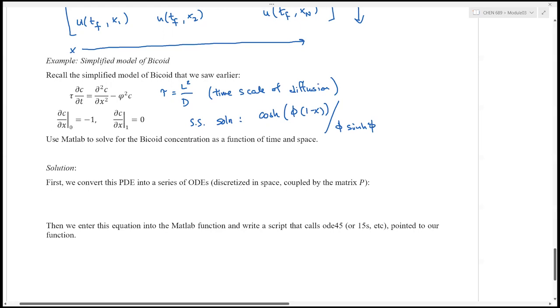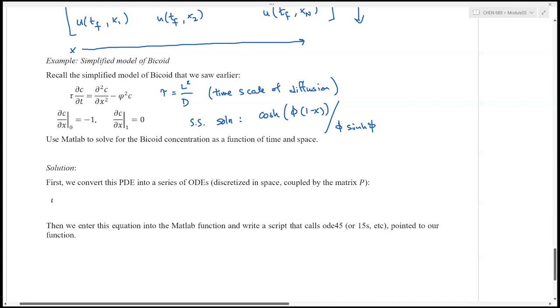Okay, so we're going to use Matlab to solve for the Bicoid concentration as a function of time and space. Before I let you work on this by yourselves for about 5 to 10 minutes, let's write down what this PDE will look like as a series of ODEs when we discretize it in space.